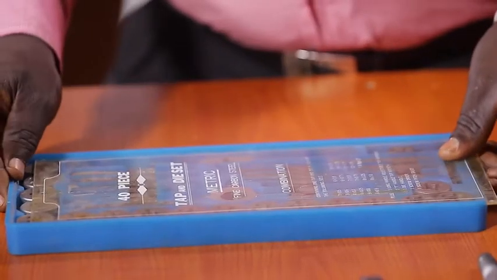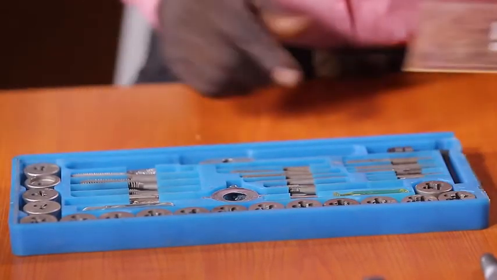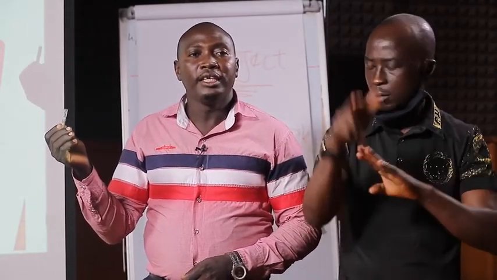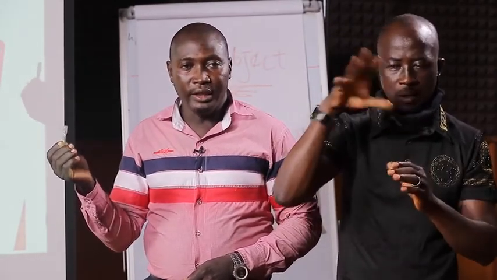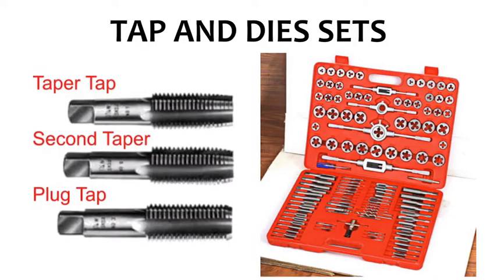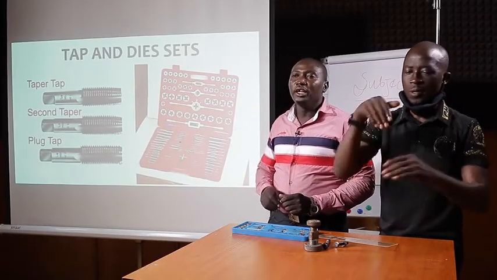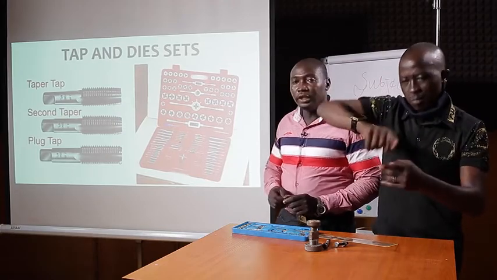We use the tap to cut the internal female thread. And the tap comes in 3. We have the first tap, the second tap, and the plug tap or bottoming tap. These 3 taps will go straight into the hole that you have drilled to produce the thread.